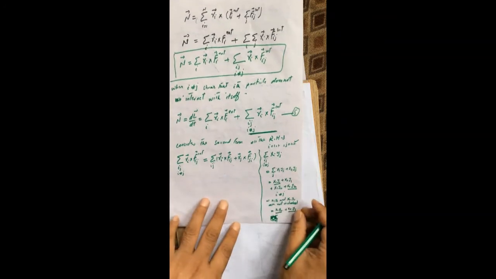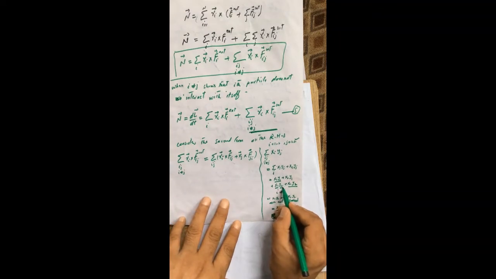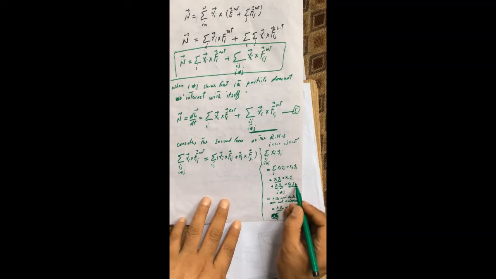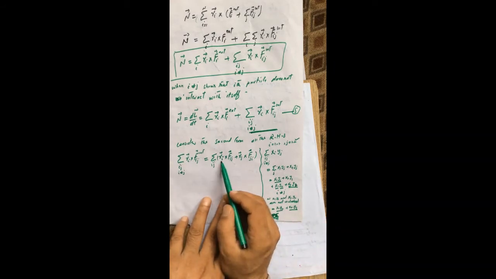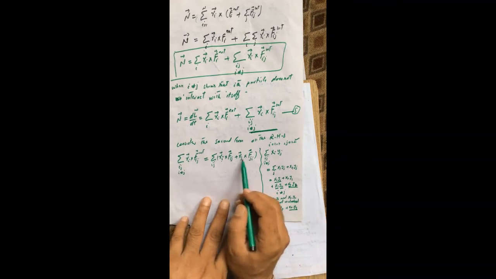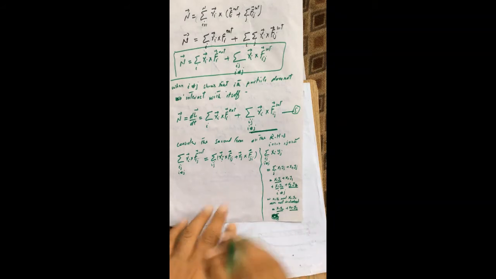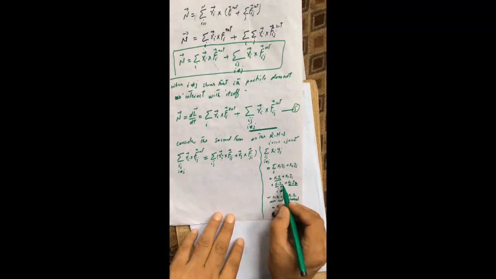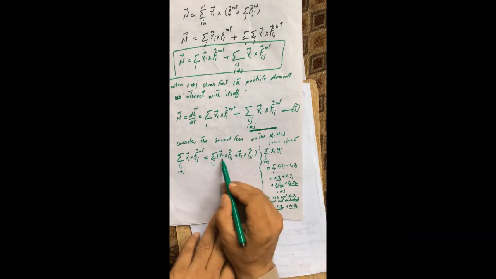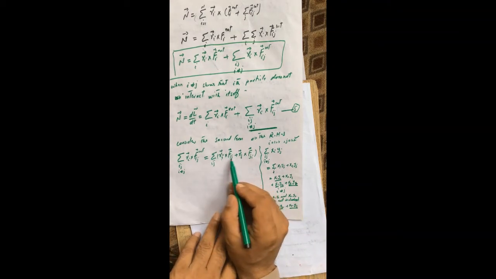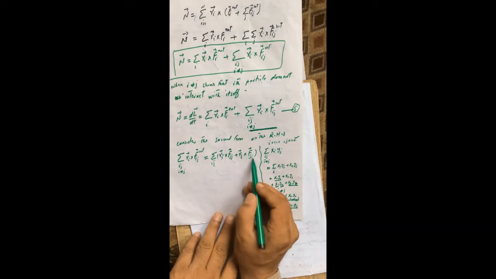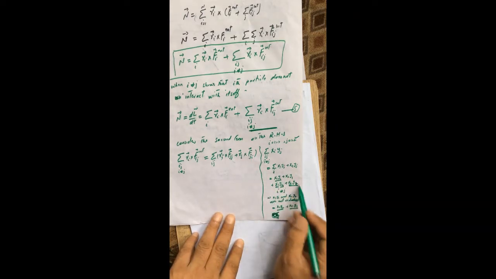Because if we look here, we have x1 y2 and then x2 y1. So similarly ri Fij, then we have rj Fji, because x1 goes with y2 and x2 goes with y1. So if this is ri, then this will be rj. If this is Fij, then this will be Fji according to this rule.